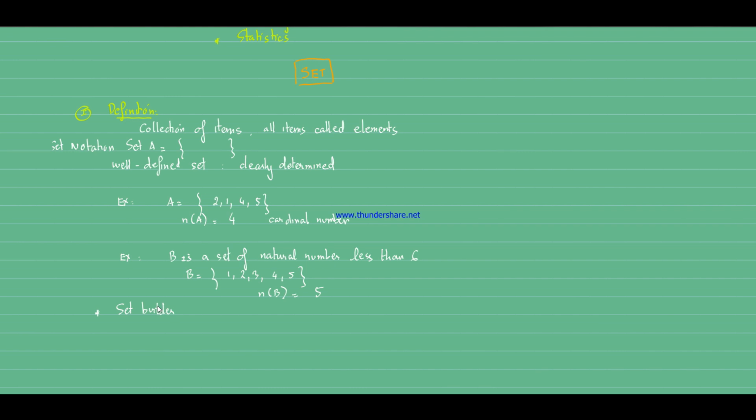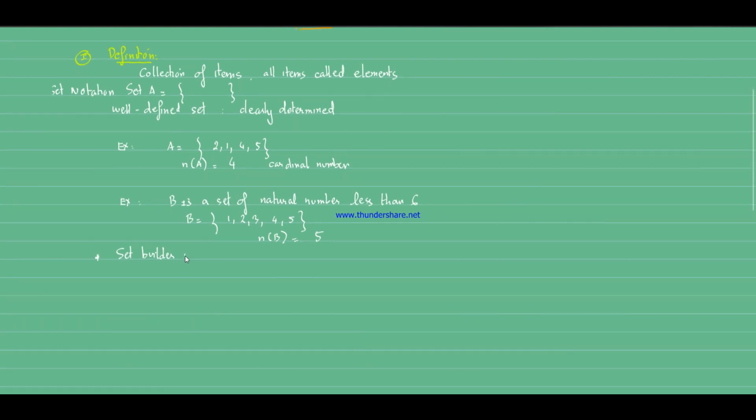I'm sure some of you have already heard this term before. So how do you write set builder notation? For example, I can say a set C, and I'm going to write it in set builder notation.